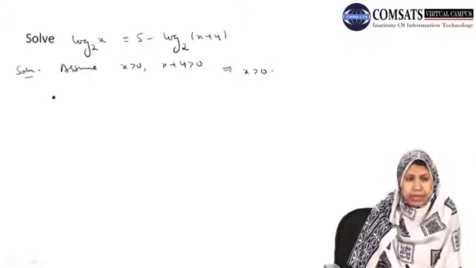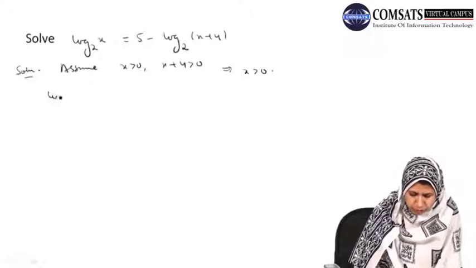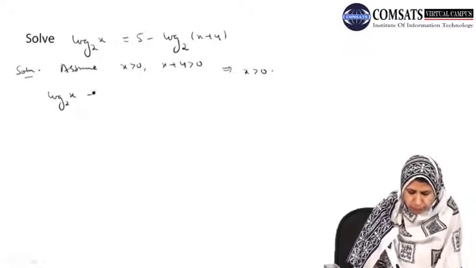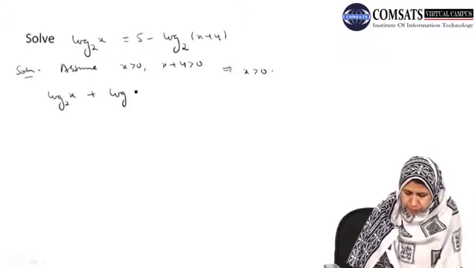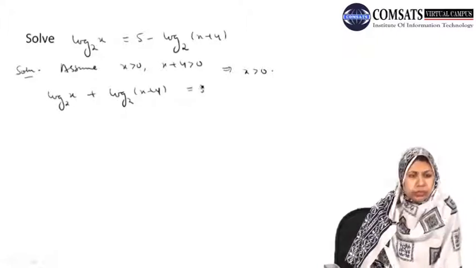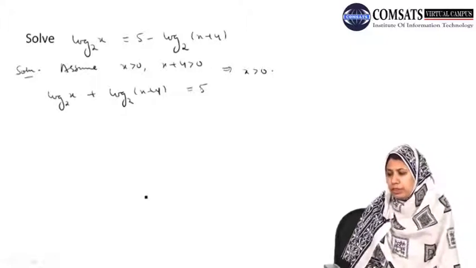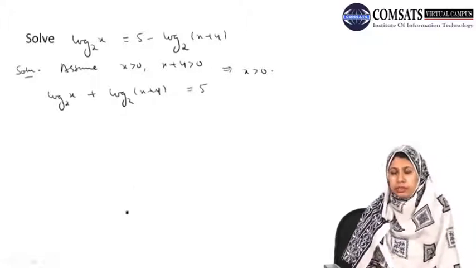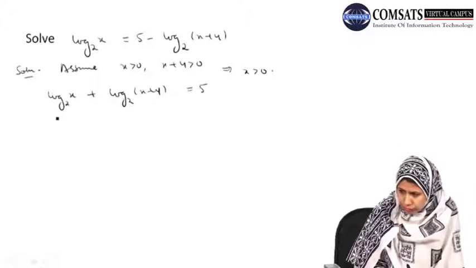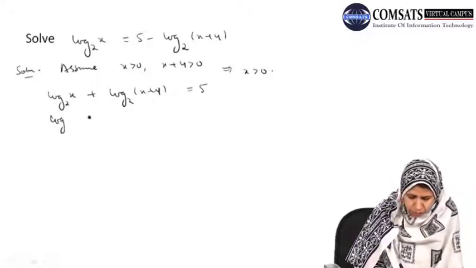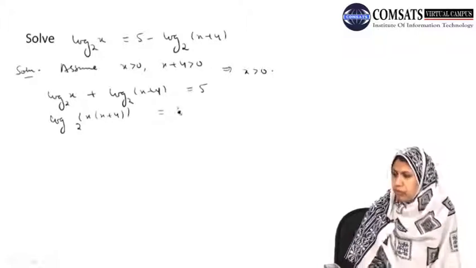Now we will rewrite this equation as log of x to the base 2 plus log of x plus 4 to the base 2 is equal to 5. Now we can use the property of logs, that is, log of a product is equal to the sum of logs. So this can be written as log of x into x plus 4 with the base 2 is equal to 5.